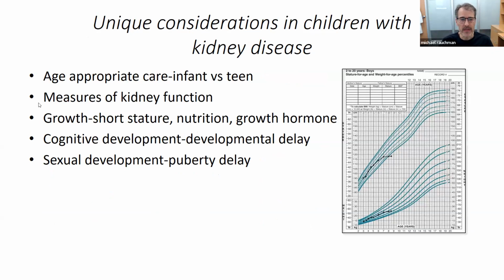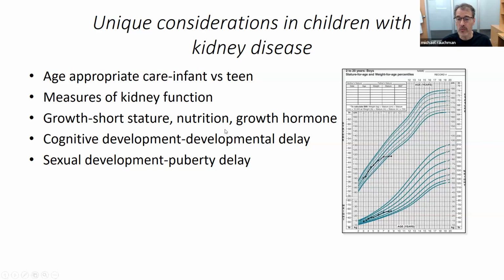The measures of kidney function are not as well standardized in very young children. And in particular, as I'll show at the end, in children or young adults who have severe congenital anomalies that affect many organs, they may have very low muscle mass, and that can affect the measurements that we do to assess their kidney function.